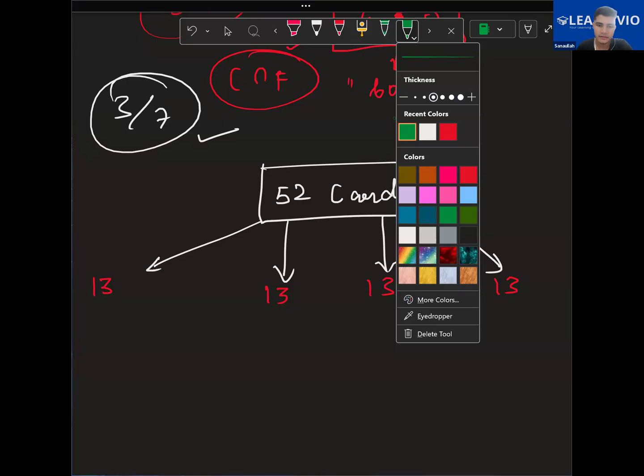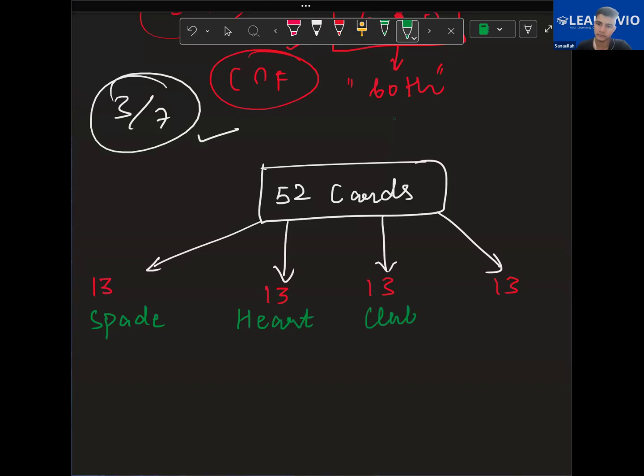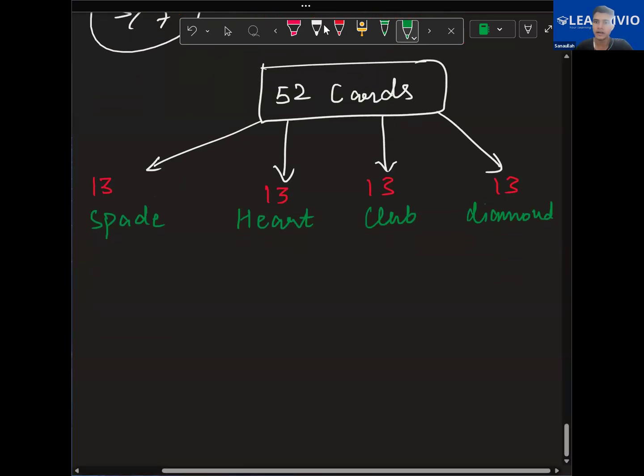13 are spade, then heart, then club, then diamond. Okay, so heart is in the shape of this. The spade symbol is something like this.